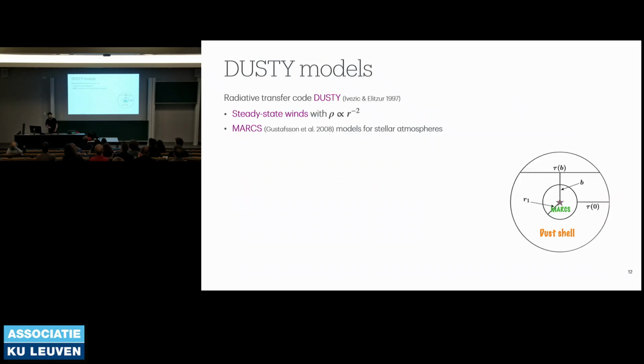Then we used the radiative transfer code DUSTY to model the dust shell that is formed around the red supergiant, assuming steady state winds with a constant outflow velocity. And what DUSTY does in the end is you have an input of a stellar spectrum, and then it solves the radiative transfer equations in the dust shell, and it gives us as an output the emerging flux.